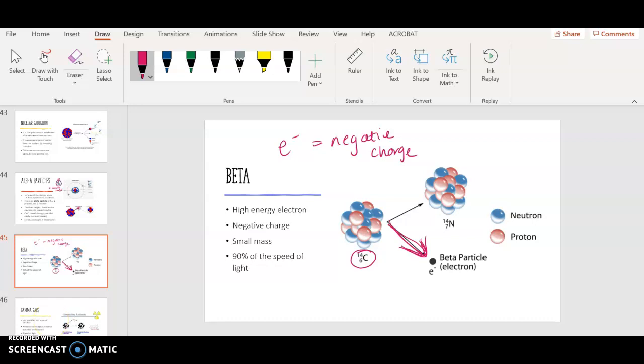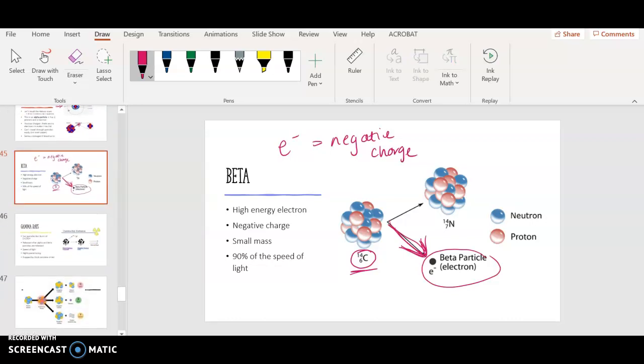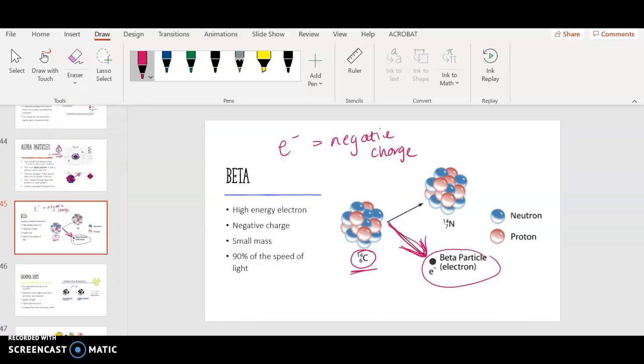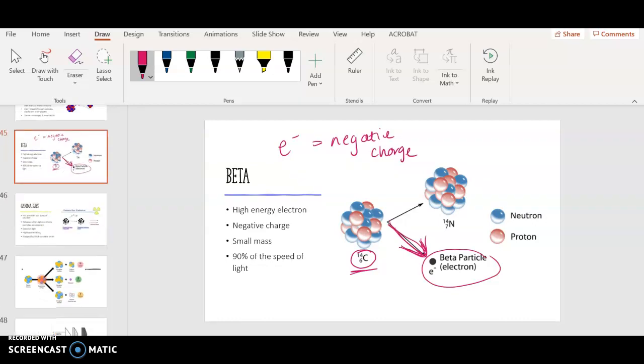For example, this carbon here, carbon 14, which is unstable, would start breaking down and release a beta particle, which is very small in mass and has a negative charge, which is why we say that it's similar to the removal of one electron. That is a beta particle. The alpha particle was positively charged. Beta, on the other hand, is negatively charged.